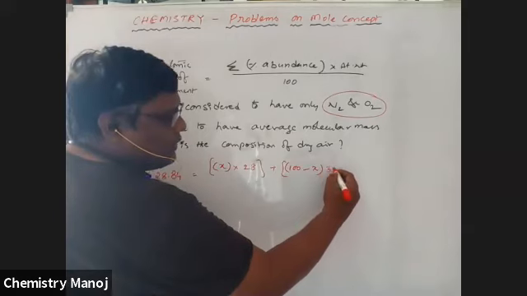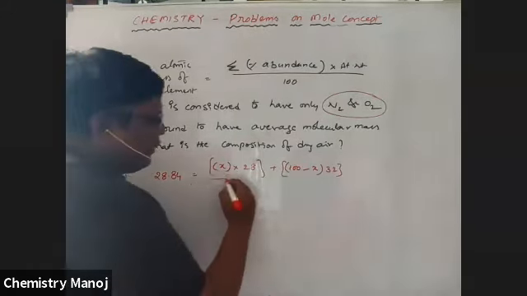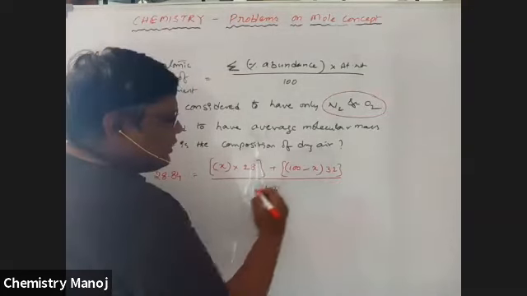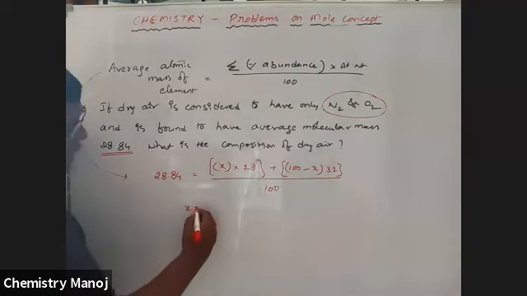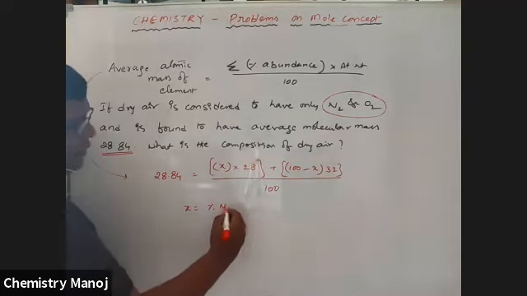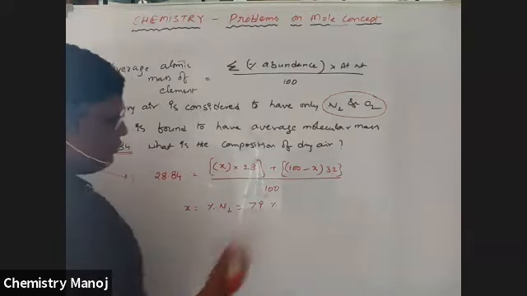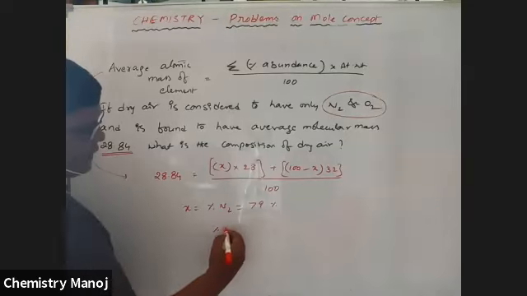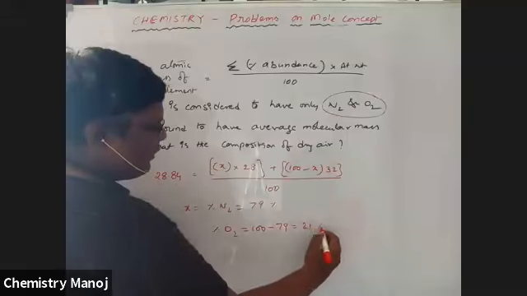O2 molecular weight is 32. The total percentage is 100. After completing the calculation, X, which is the percentage of N2, is equal to 79%. So automatically the remaining percentage of O2 is 100 minus 79, which is equal to 21%.